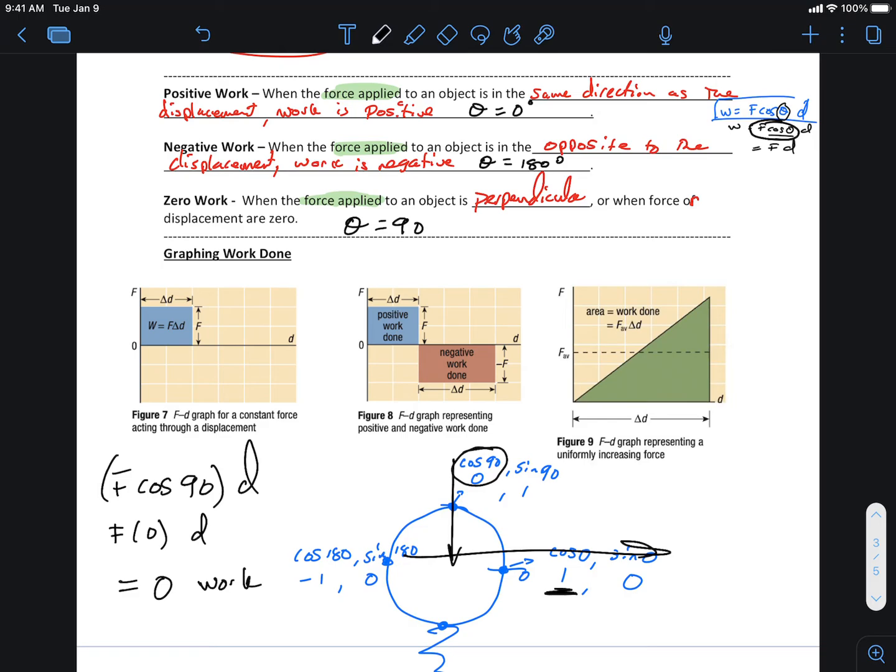The area under a force-displacement graph is work. That's all these are saying, okay? And if I wanted to solve for the total amount of work done and we had positive and negative works, we just add them up, okay?